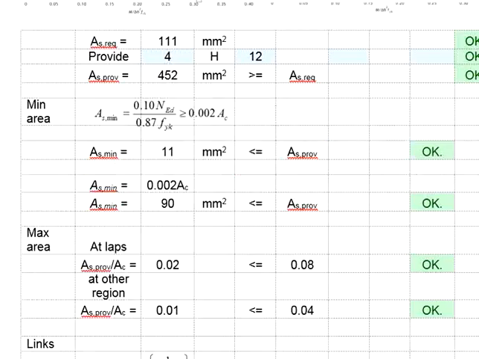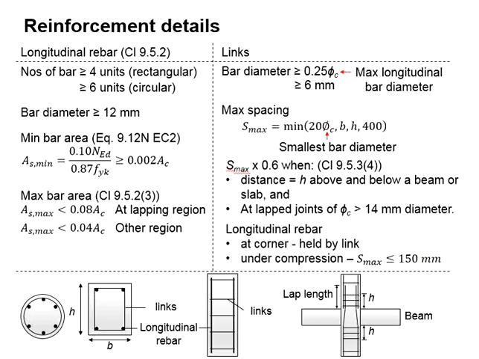What you're going to do here is take your AS provided, 452, divided by the cross-sectional area of the column, which is 150 times 300. This is for the typical cross-sectional area of the column.